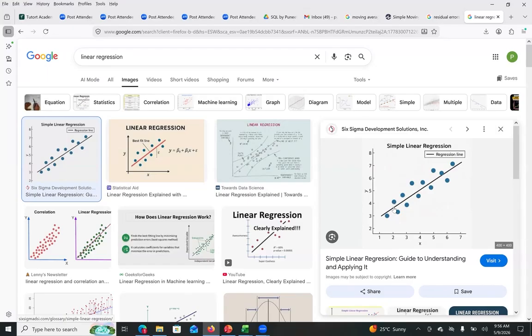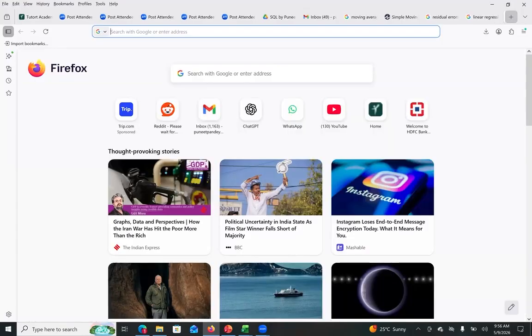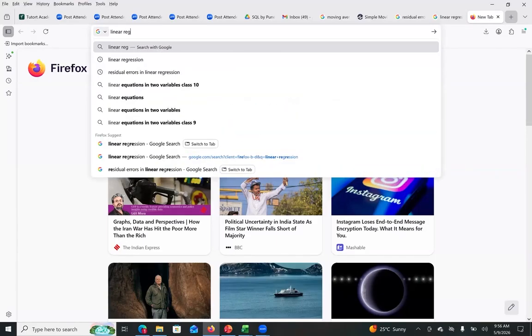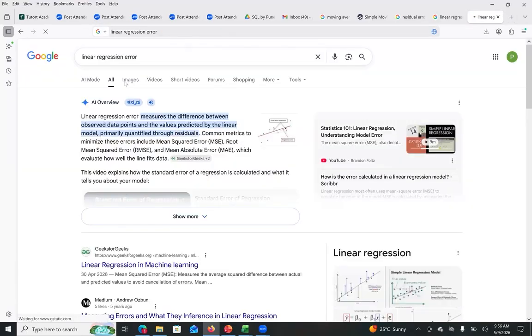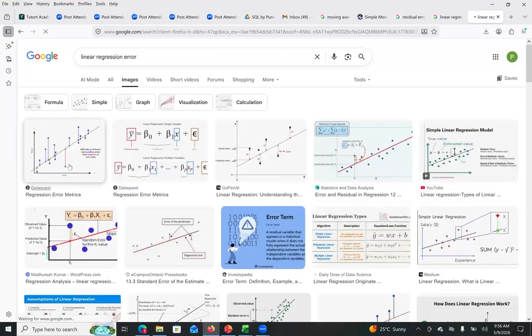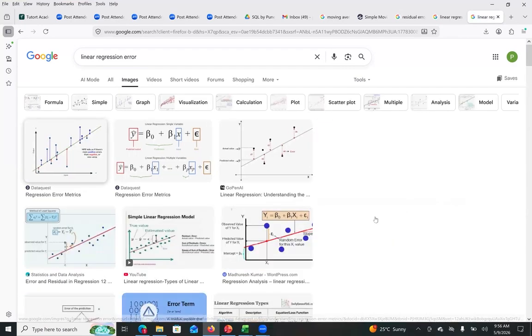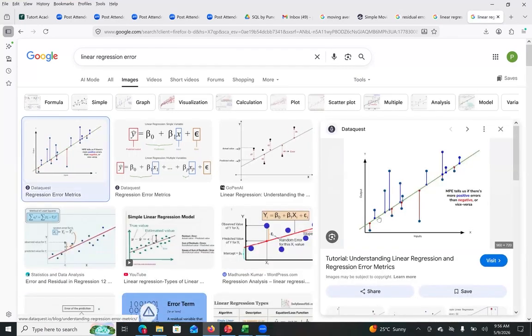So the difference between the predicted value and the actual value is called error. Clear? Is it clear what I just said? Yes. Let's say, for example, these vertical lines that we have are nothing but errors.